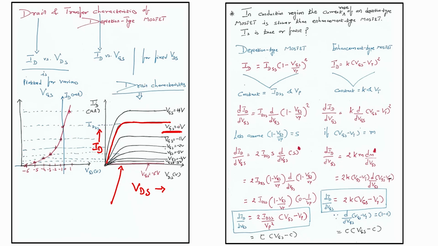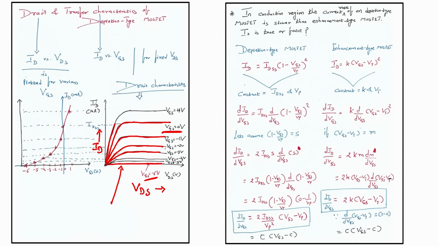If I have a VGS less than 0 volt, my current will start decreasing. You can see the saturation IDSS is reached early, and at VGS equals minus 6 volt, the current is almost gone. But what if I increase VGS greater than 0 volt?